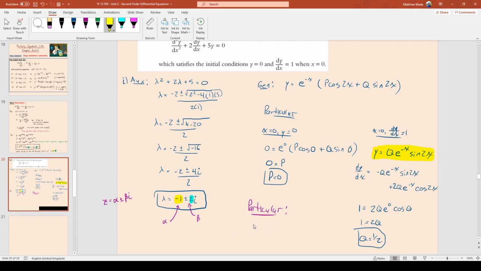It's going to be y equals a half e to the minus x sine of 2x. Like a boss. And there you have it. There's your solution, my buddies. I hope you feel good about that. I hope you see it's not too bad, actually.